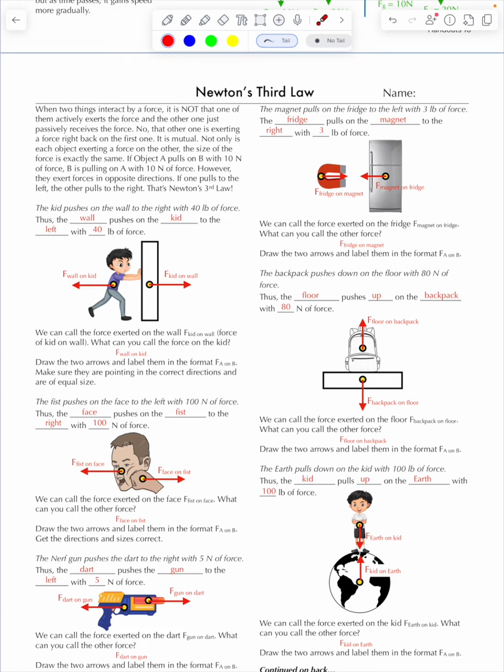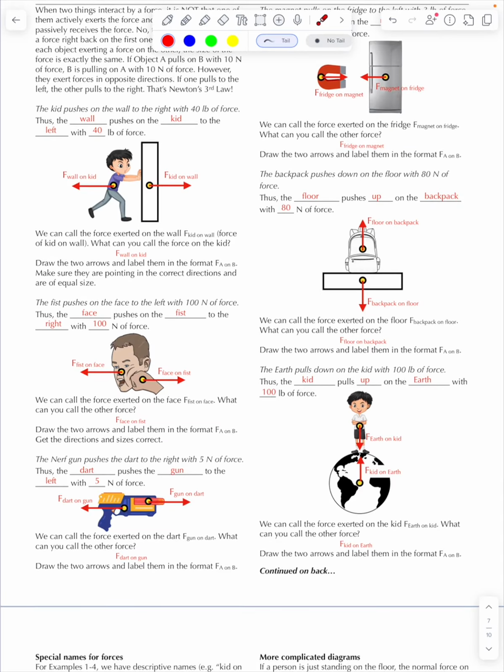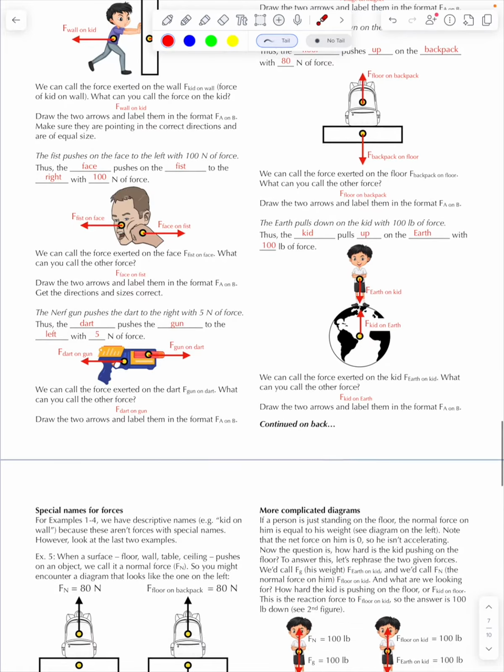They must be equal and opposite. Now, of course, on the final, you're not going to have to draw these arrows, but I hope when you look at that, it kind of makes sense. The kid's pushing on the wall, but the wall is pushing back on the kid with the same exact 40 pounds of force. They're a third law pair, an action-reaction pair.